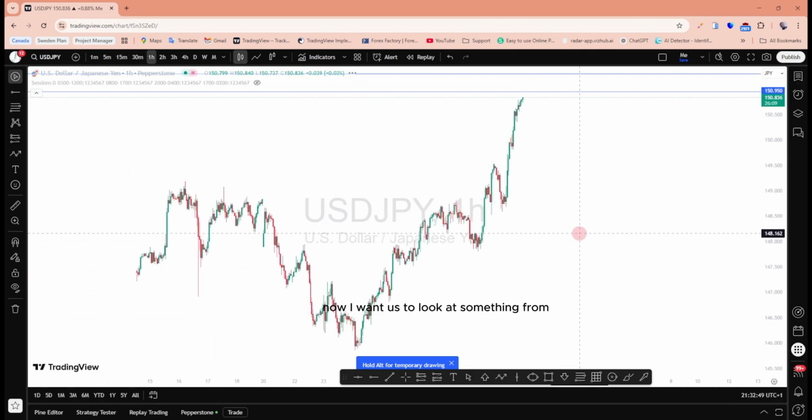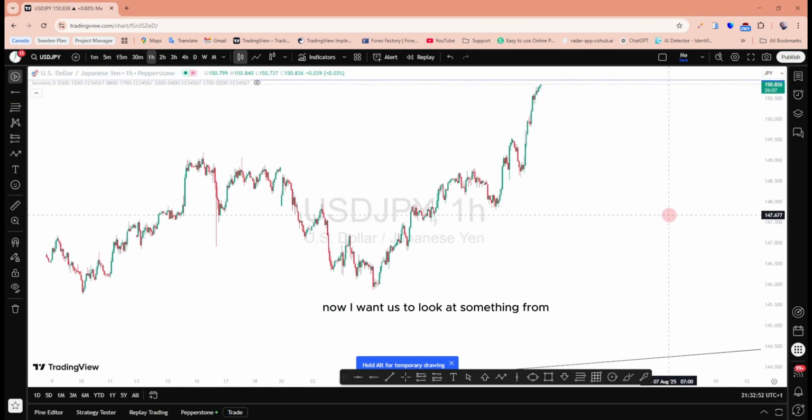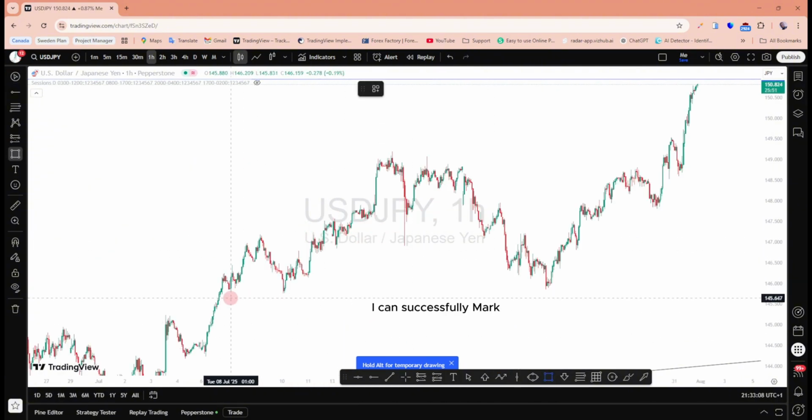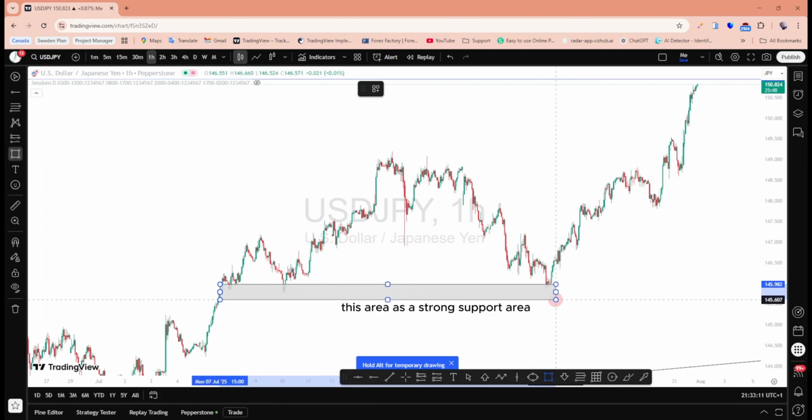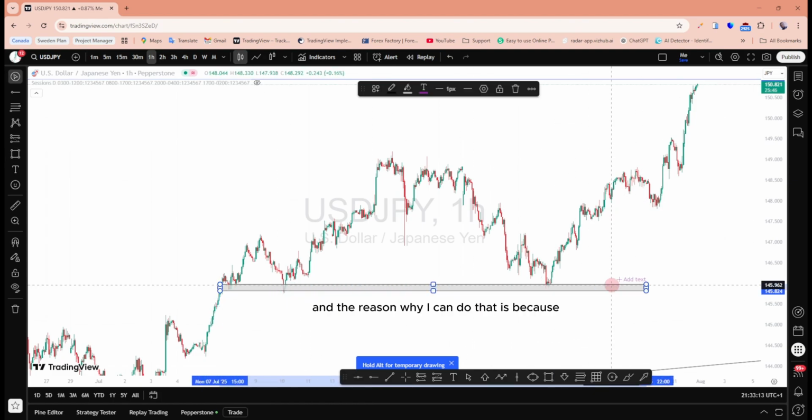It's very simple. I want us to follow a pattern from this bottom. I can successfully mark this area as a strong support area, and the reason I can do that is because this support broke through this high, came back to form a double bottom that pushed price above the previous high that this sell created, and it struck all the way to the top, which tells us that this area is a strong area.